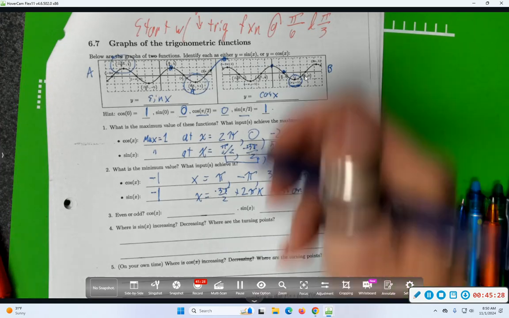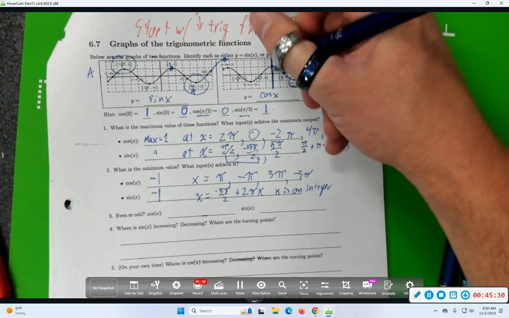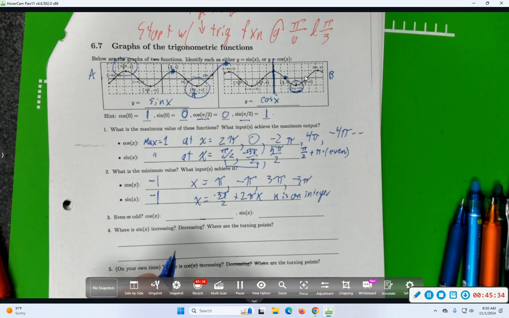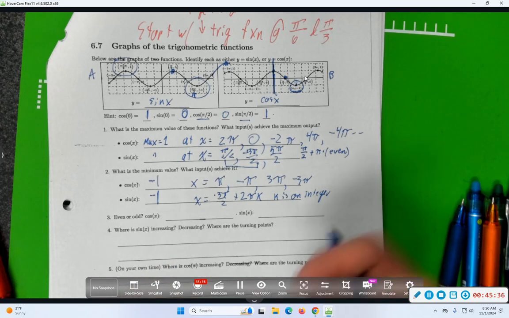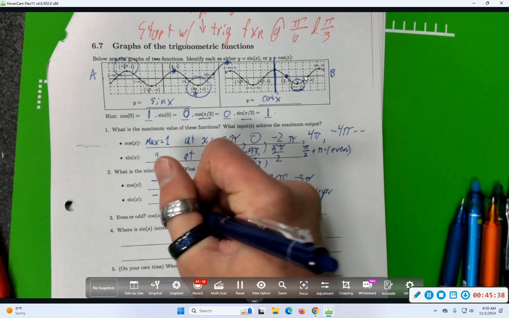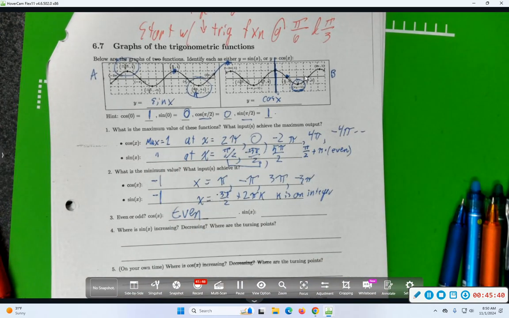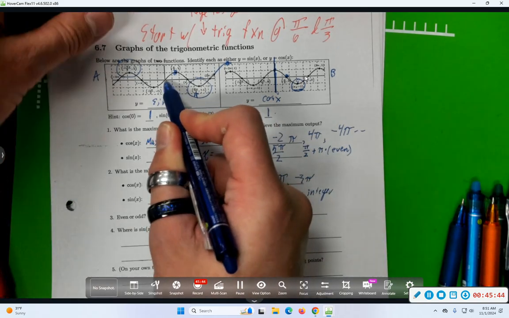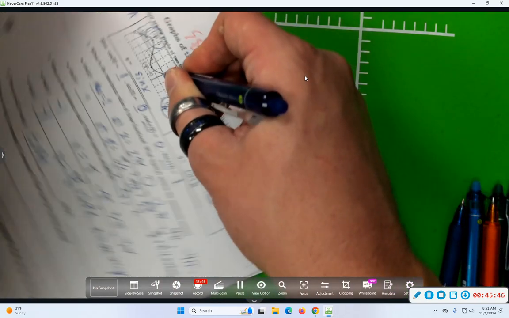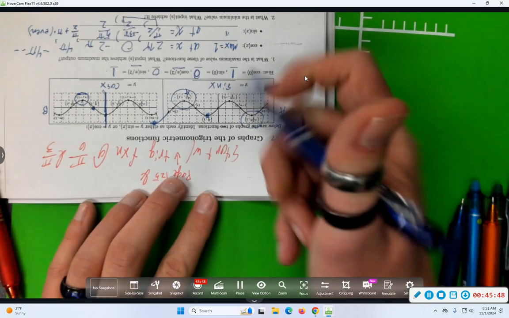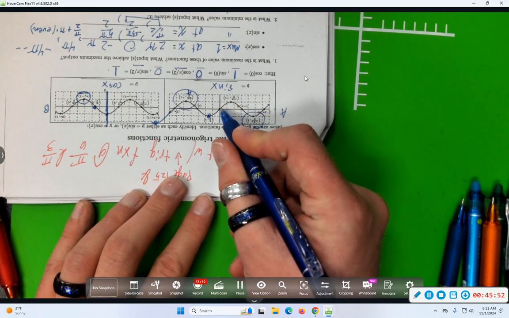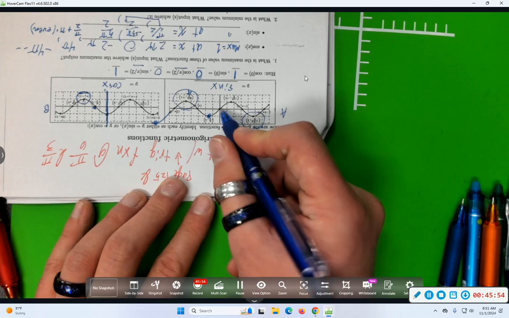Right, if you draw that vertical line, if you were to reflect cosine over the y-axis, do you get the same graph back? Yes. Nice. Cosine is even. To check for oddness, you can pin down the origin and rotate by 180 degrees. So I did that, so you don't have to. Does that now look exactly the same as the graph you have in front of you? Oh, so sine is odd.